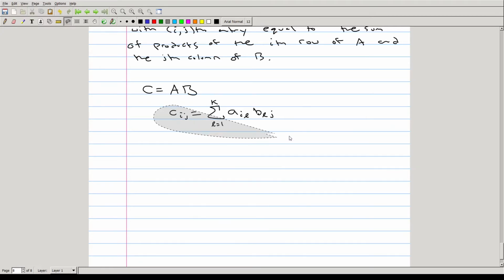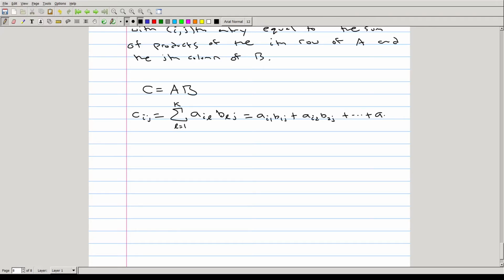Or in the book, it's just written out as A_i1 B_1j plus A_i2 B_2j, and so on and so forth, all the way up to A_ik B_kj.